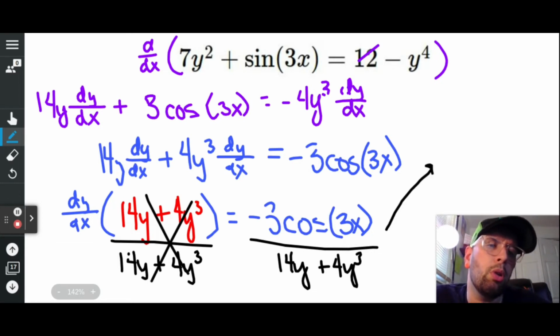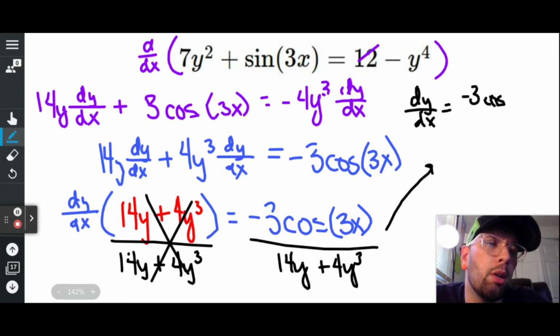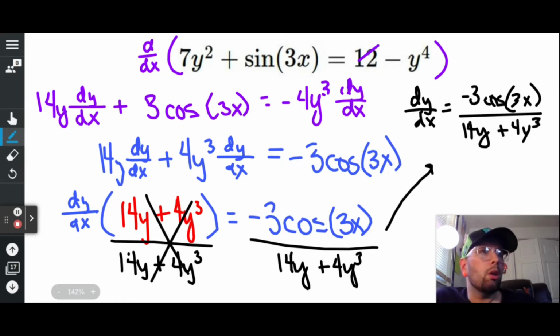And so dy/dx equals negative 3 cosine 3x over 14y plus 4y cubed. I see you, implicit differentiation. I see you.